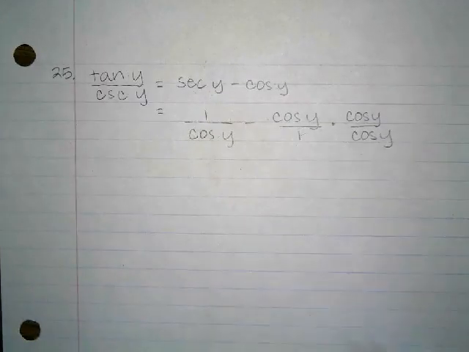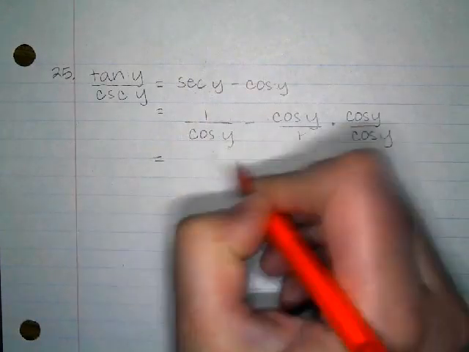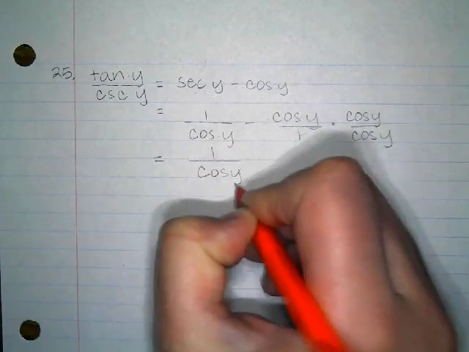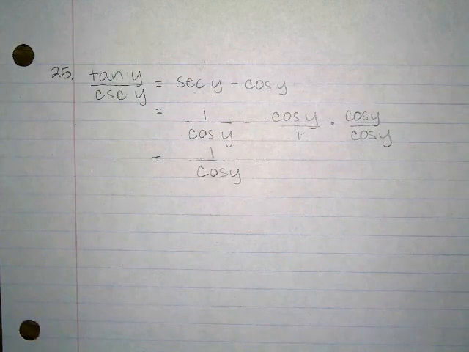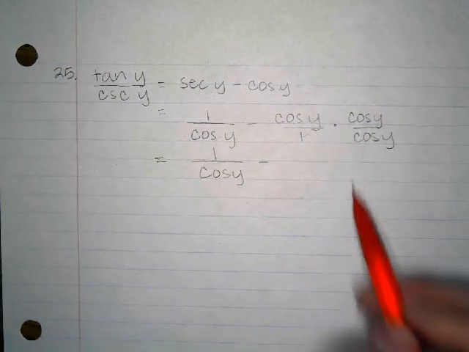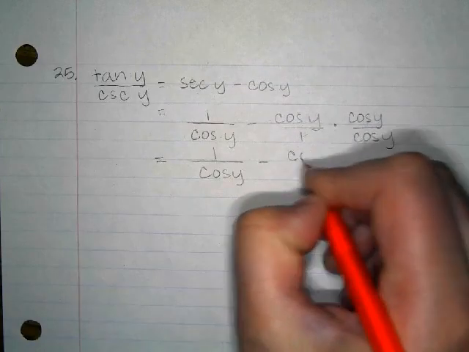So the first fraction is going to stay 1 over cos. And what is the second fraction? Cos squared over cos.